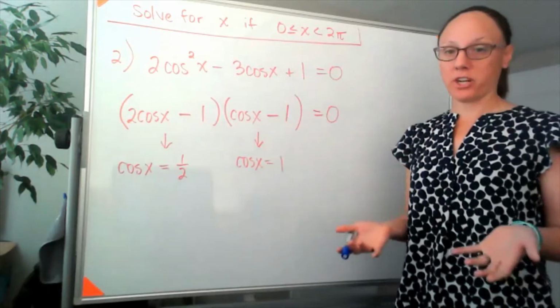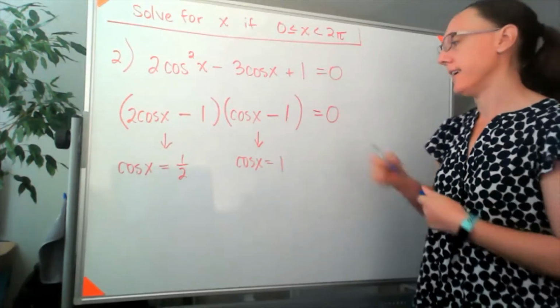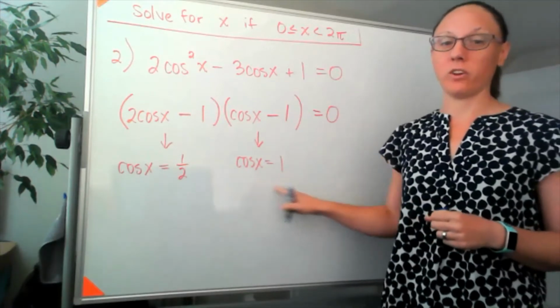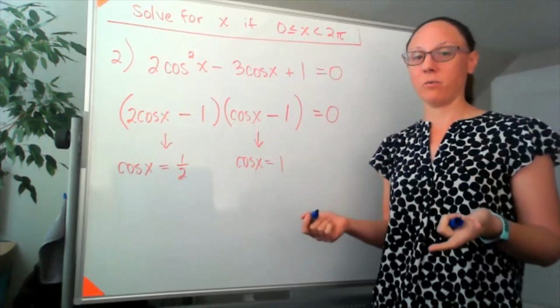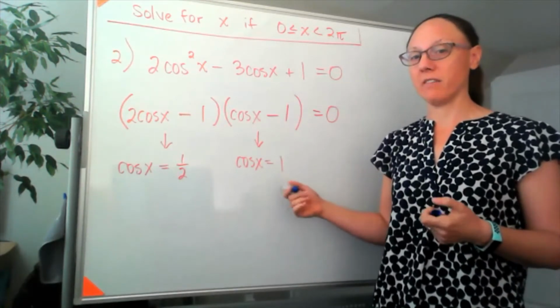As another option in terms of how to memorize the special angles, especially when we're looking at values of 0, 1, and -1, another option we have is to think about what the graph of cosine of x looks like.